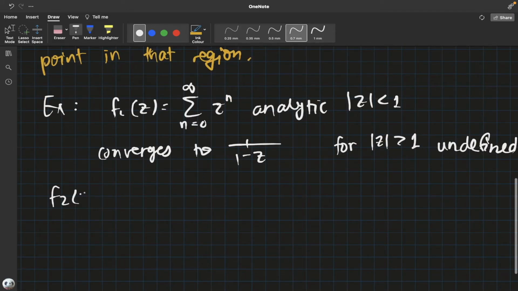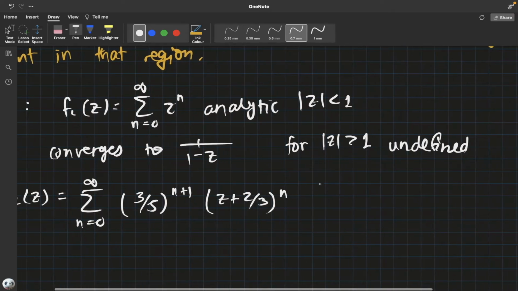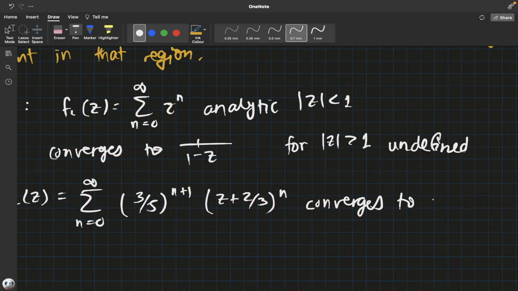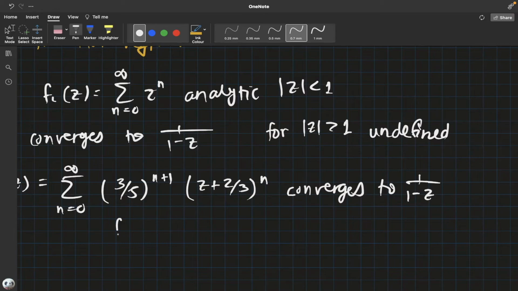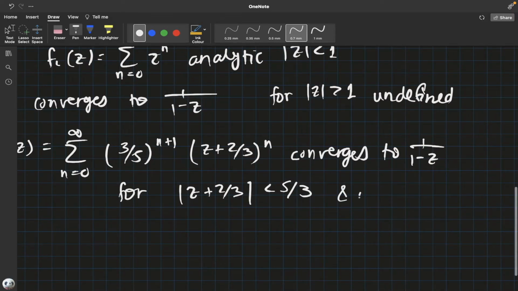Consider f2 of z, the sum from n equals 0 to infinity of 3 over 5 to the n plus 1, times (z plus 2 over 3) to the n. It converges to 1 over 1 minus z for absolute value of z plus 2 over 3 less than 5 over 3, and is undefined elsewhere.